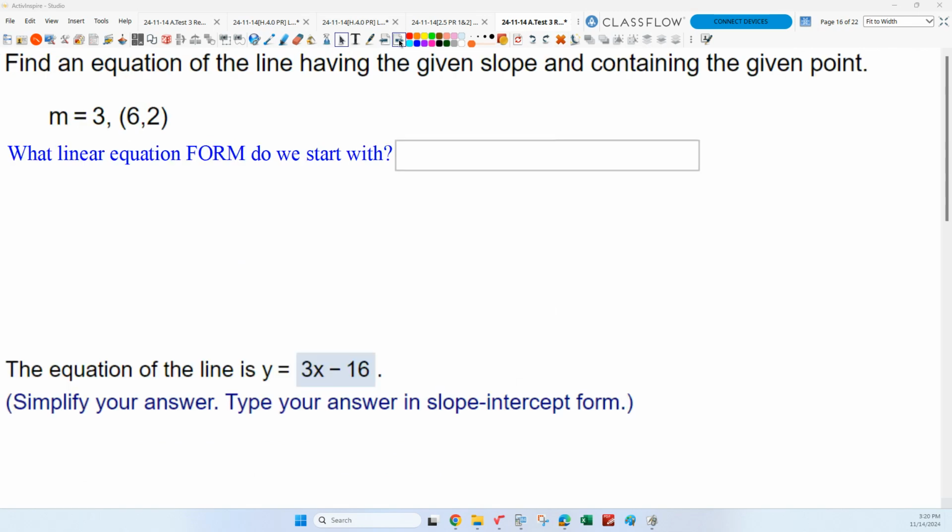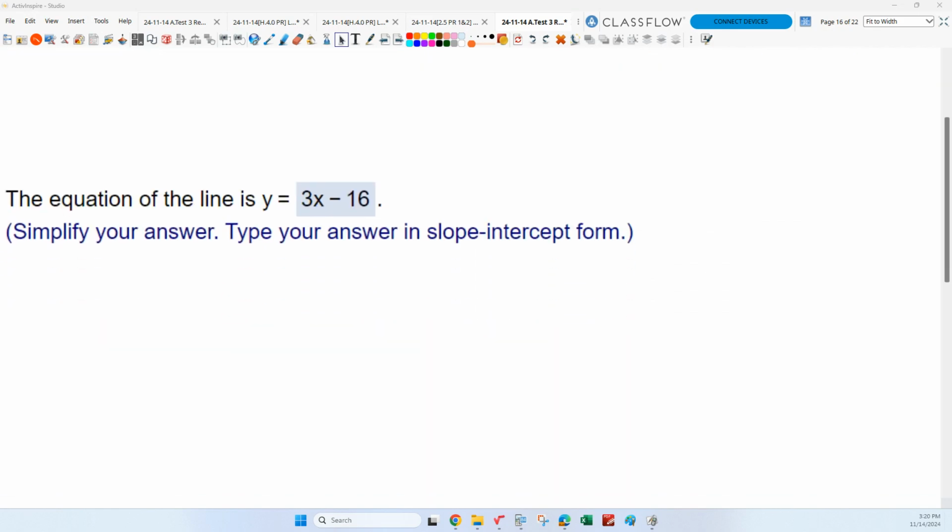Okay, last of the line stuff. It says find the equation of a line having the given slope and containing the given point. Now notice that they're going to want us to type our answer in the simplest form, which is slope-intercept form, right? Y equals mx plus b. That's where we finish, not where we start.